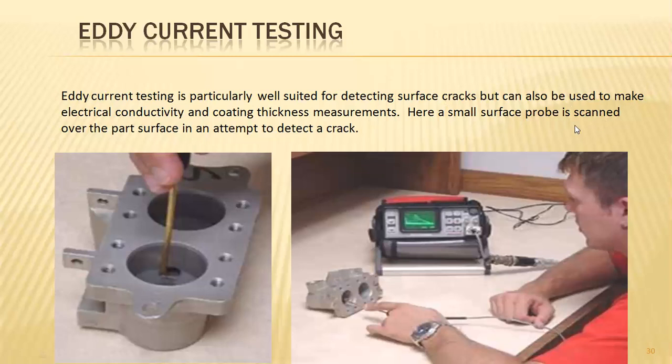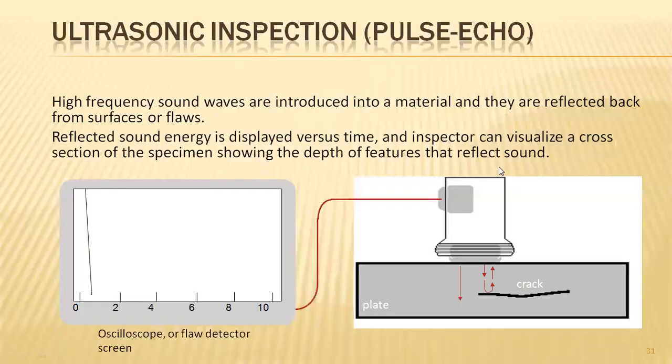A small surface probe is scanned over it, and the corresponding variations can be detected on the display screen with respect to the frequency variations.